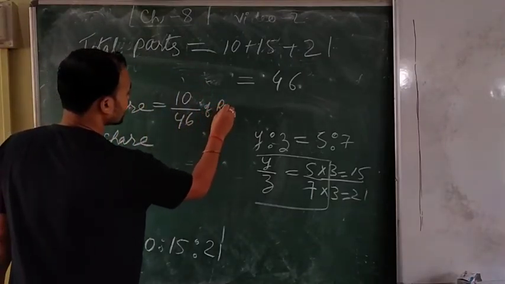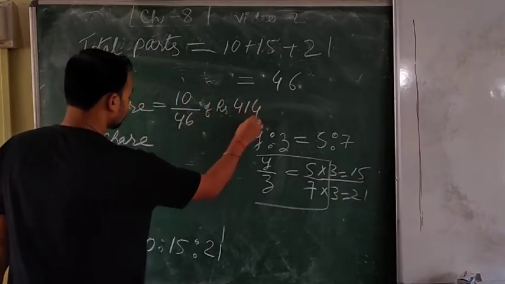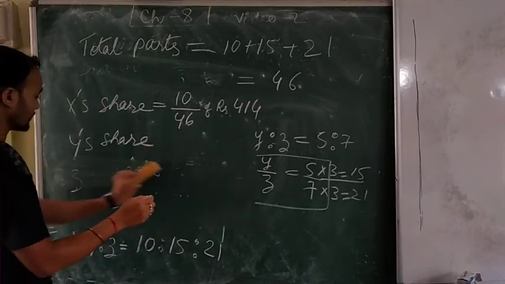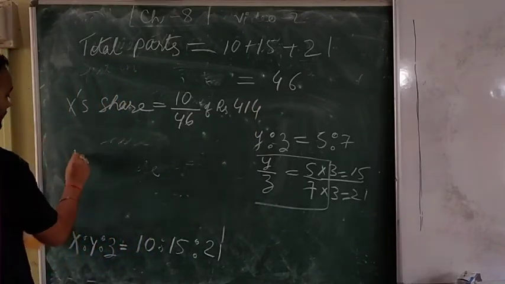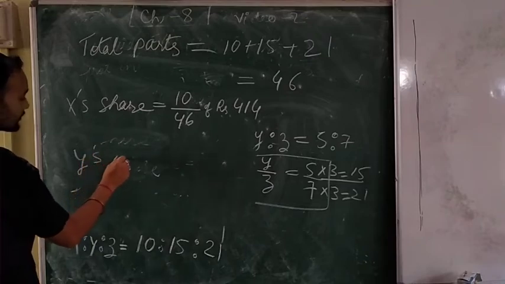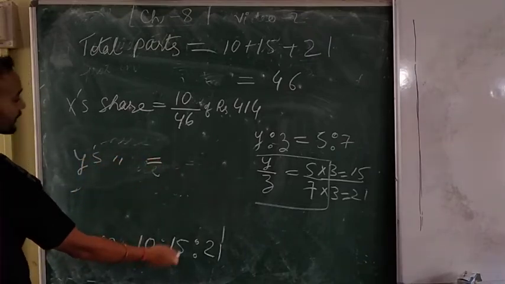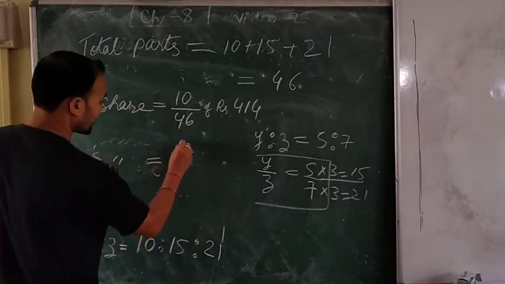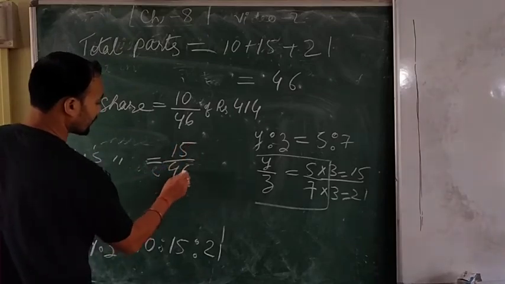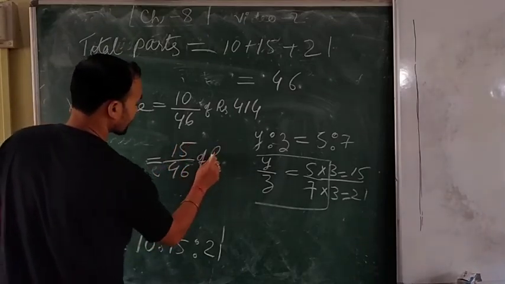Similarly, Y share is 15 out of 46, yes, 15 out of 46 of rupees 414.